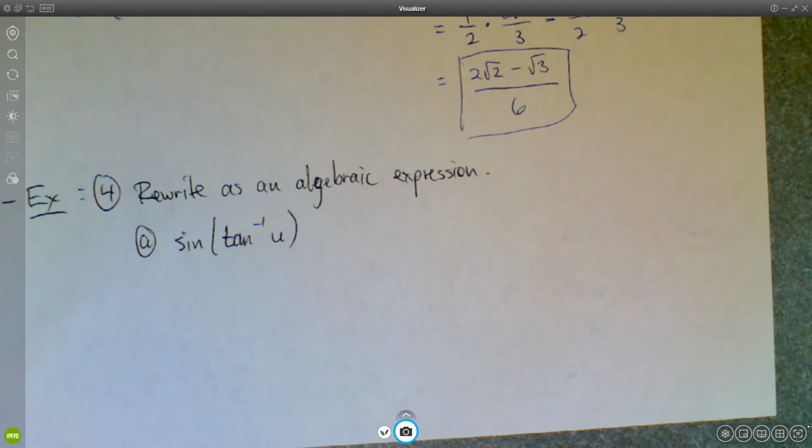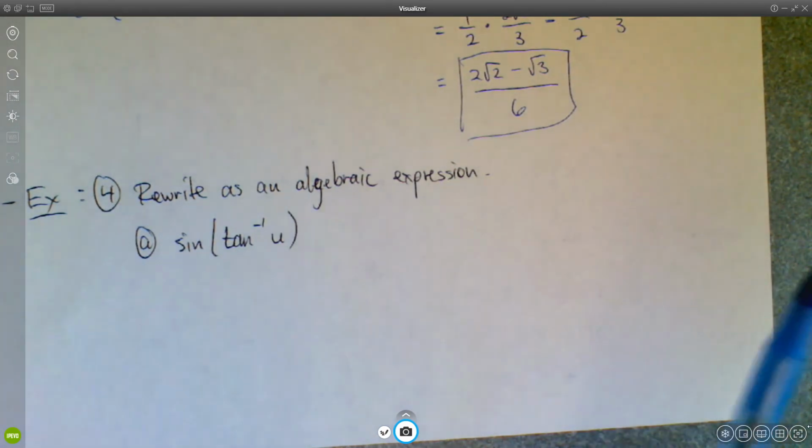When we say to rewrite it as an algebraic expression, what we mean is we want to eliminate all the trig stuff. We just want to have addition, subtraction, multiplication, division with the variable u. Maybe some radicals, whatever, right? But no trig functions. So see if you can rewrite that as an algebraic expression.